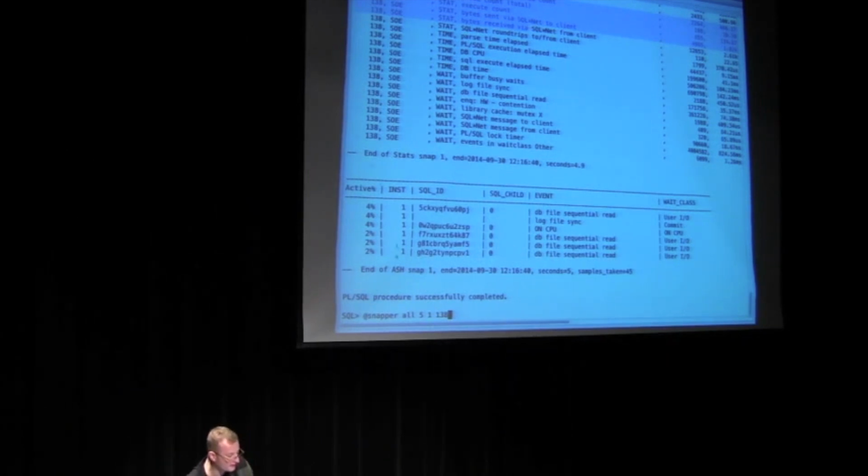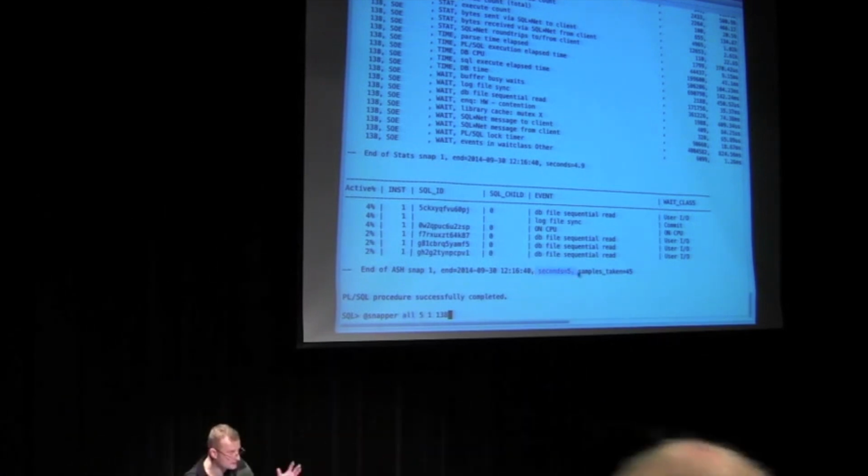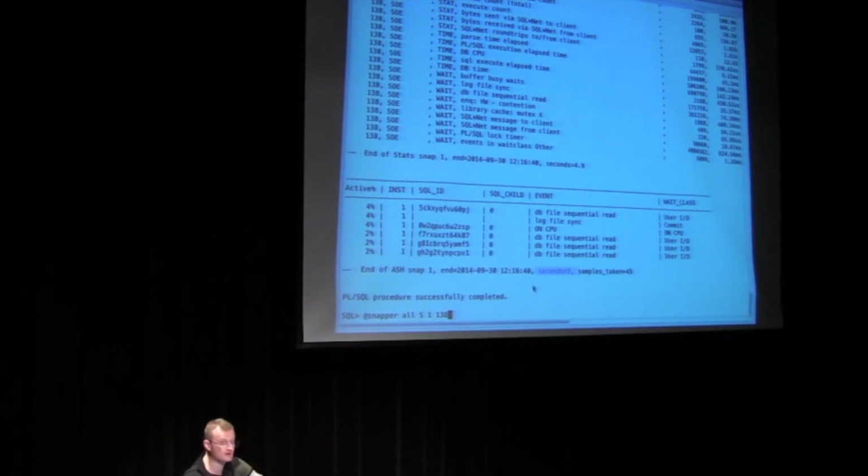What are these parameters? If you go to my blog and open the script, I have documentation inside the script itself. This basically tells me to show all statistics you can get about this session. This 5 means run for 5 seconds, so it measures this session right now for 5 seconds. Snapper cannot go back in time like ASH can.